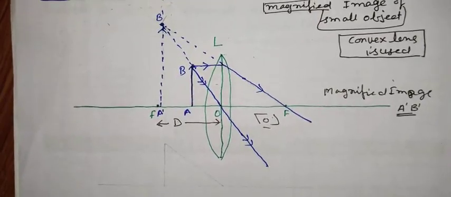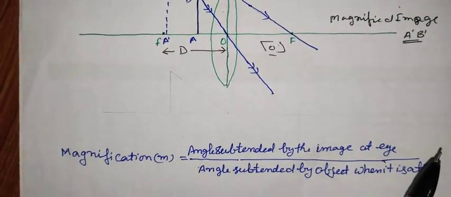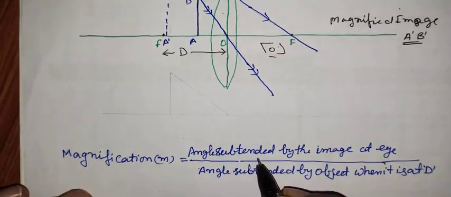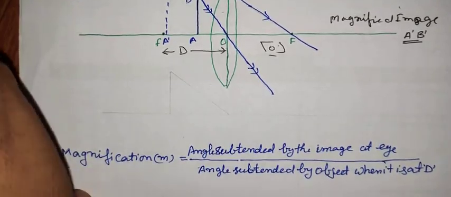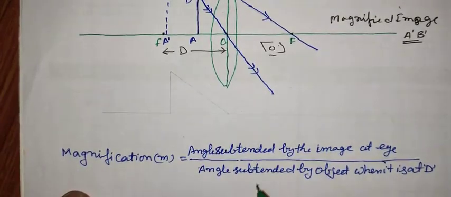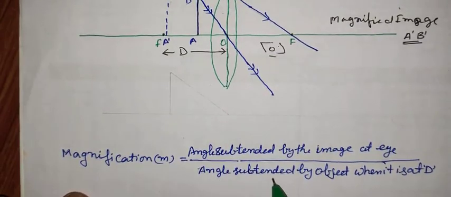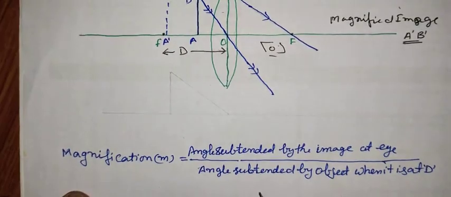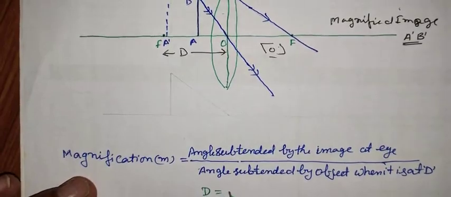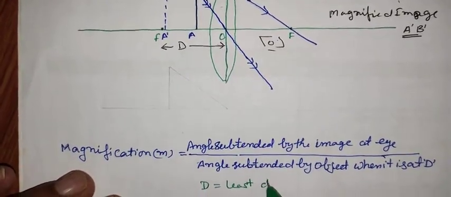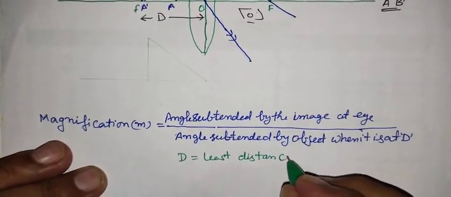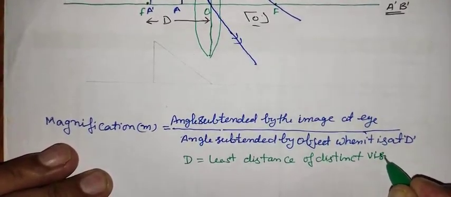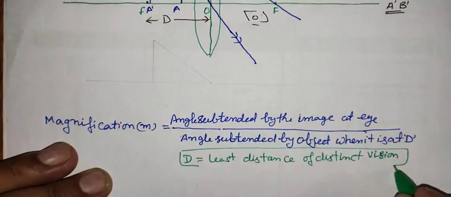The magnification of a simple microscope is given by the ratio of two angles: the angle subtended by the image at the eye, by the angle subtended by the object when it is placed at capital D. Capital D means the least distance of distinct vision.